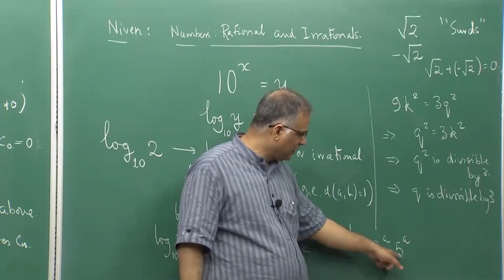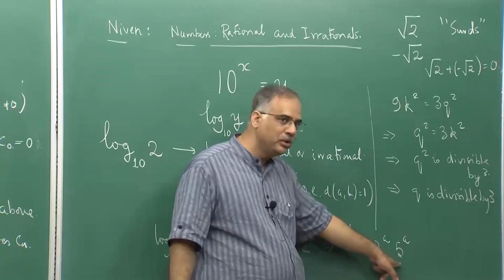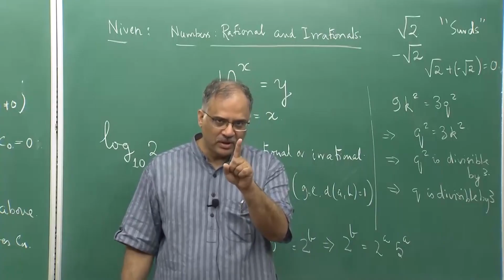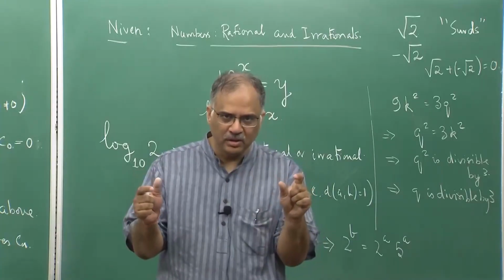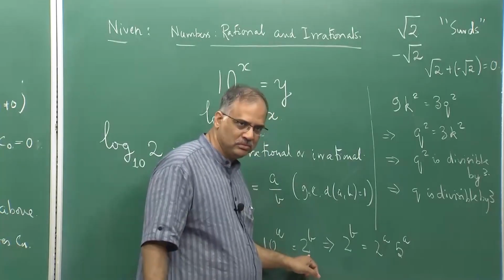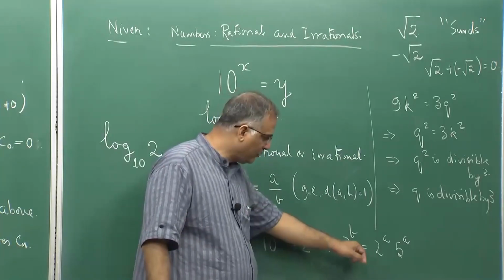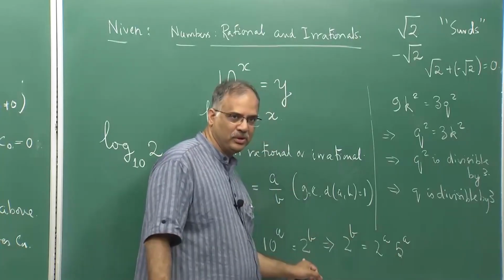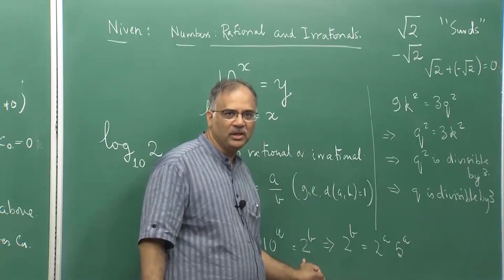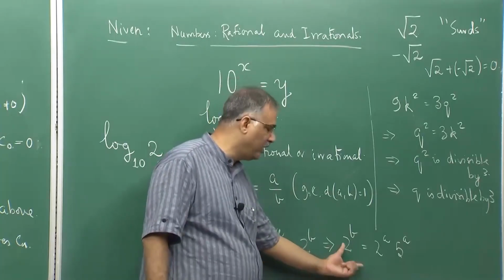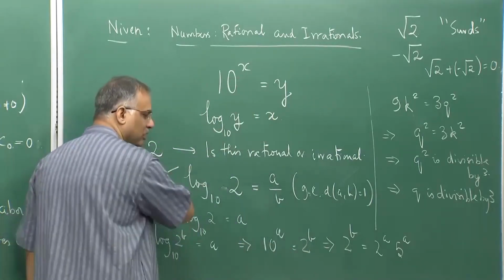And this looks like a prime factorization of 2 to the power B, which has got to be unique. Each of the prime numbers in the prime factorization must be a factor of this number 2 to the power B, right. But 2 to the power B cannot be divided by 5. So, here comes the contradiction and hence this is an irrational number.